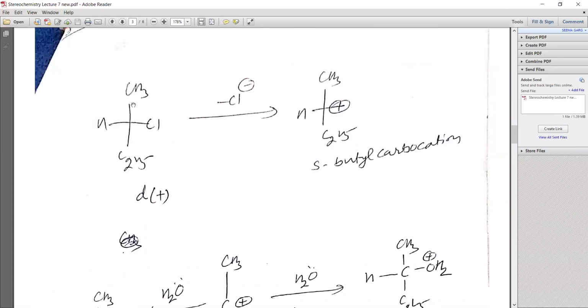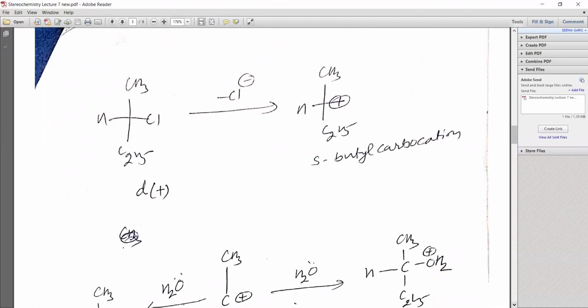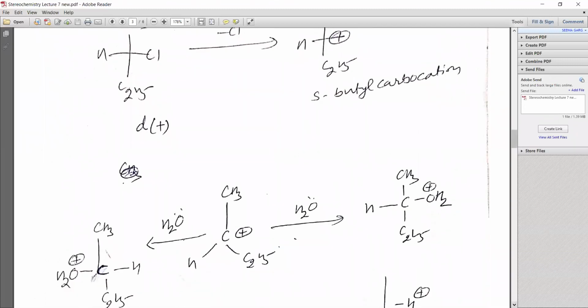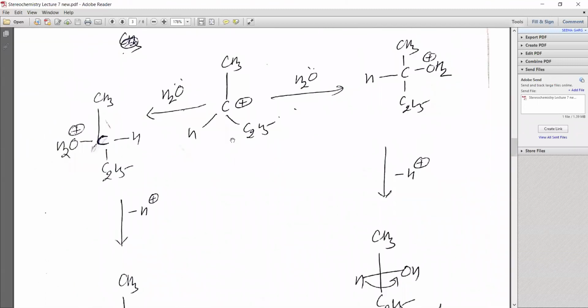See here, dextrorotatory 2-chlorobutane. First the chloride leaves, and we get a carbonium ion. When this carbonium ion reacts with water, the oxygen behaving like a nucleophile, it may react from the back side or from the front side.